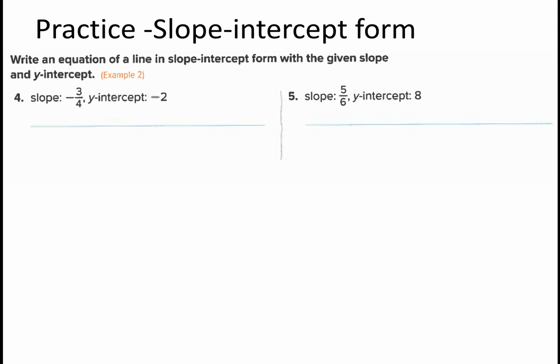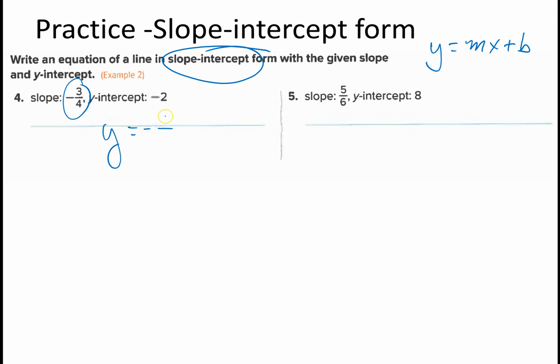It says write an equation of the line in slope-intercept form. What's my slope-intercept form? y equals slope times x plus the y-intercept. So my equation here is going to be y equals negative 3/4 x minus 2.